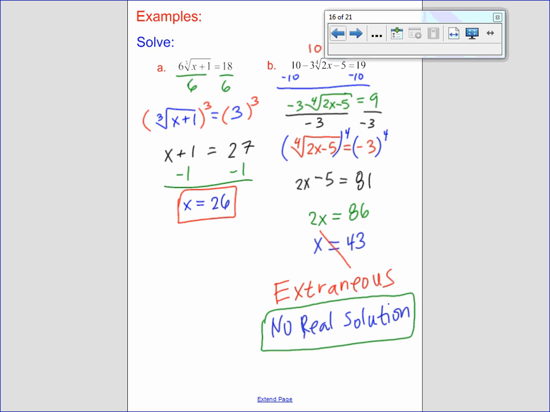Let's go ahead and take a look back at our work and see if we can identify a turning point where we could have seen that there would be no real solution. If everybody looks at this red line here, the fourth root, an even index radical, 2x minus 5, set equal to that negative number.